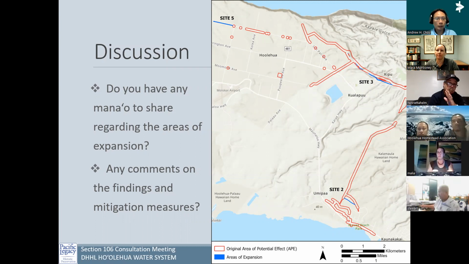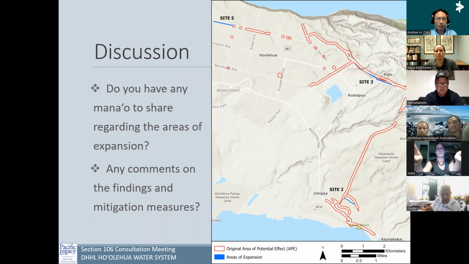Thank you, Stuart. Next question is from Kilia. Are there any plans that will take the work through personal homestead lots? I guess that is for Stuart. Not to my knowledge. What Mara has shown would be the locations of the proposed work in all of those areas outlined in red, as well as the circles.